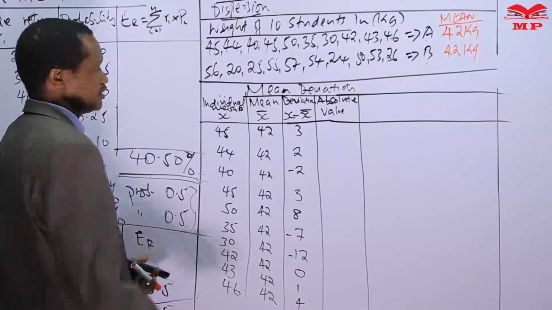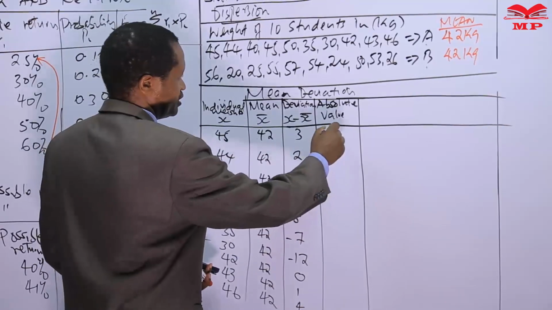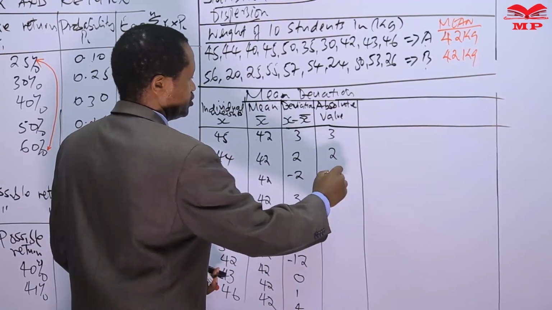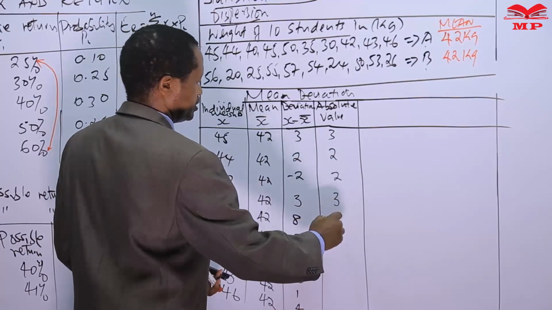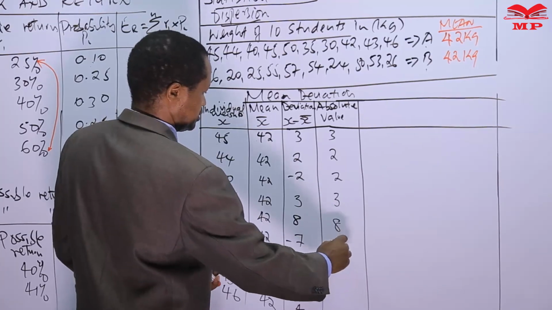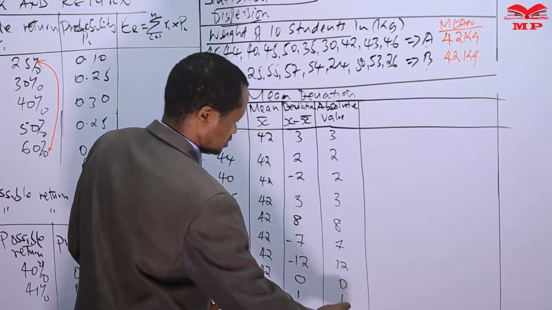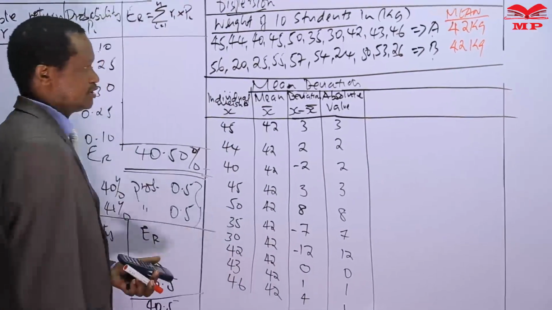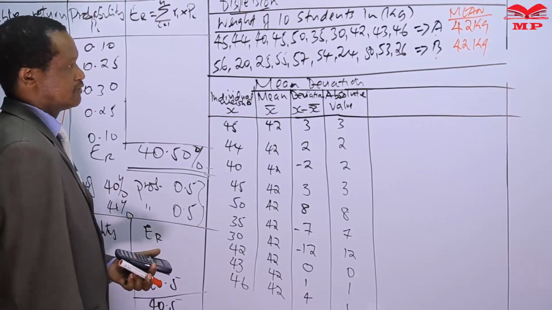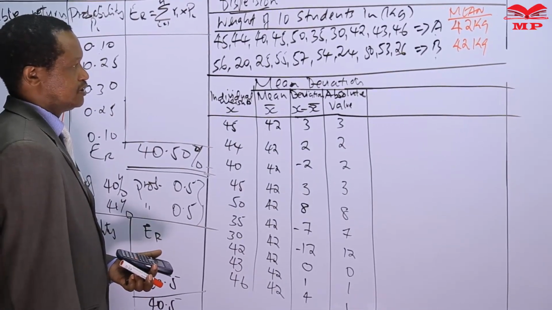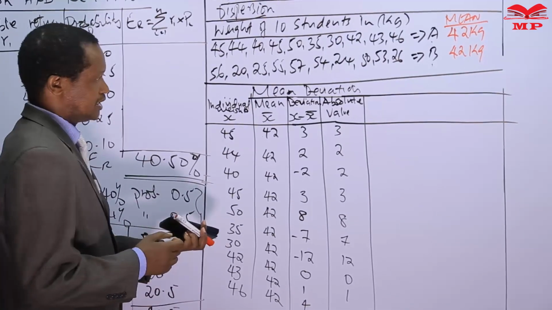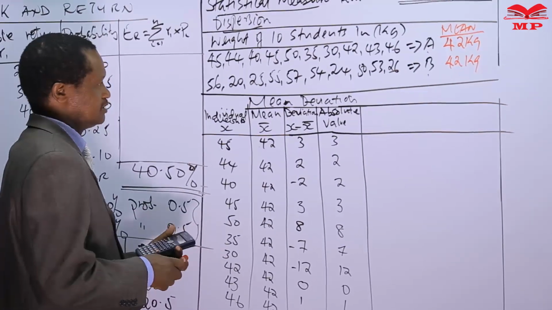Taking the absolute values, we ignore the negative signs here: 3, 2, 2, 3, 8, 7, 12, 0, 1, 1. So those are the absolute values for class A.